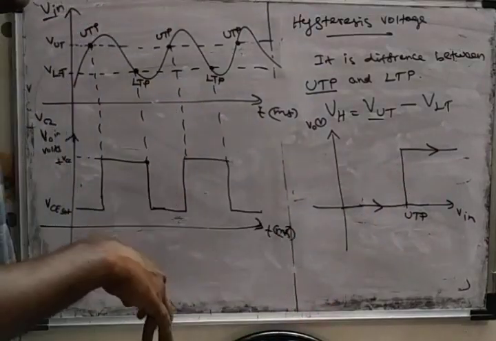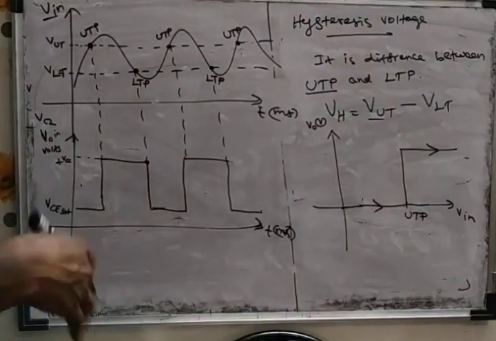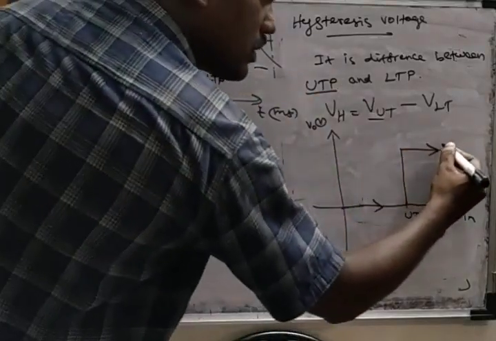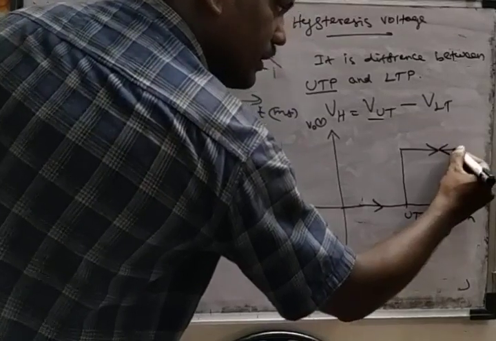Similarly, when the lower triggering point occurs, our output goes from high to low. So this is high.